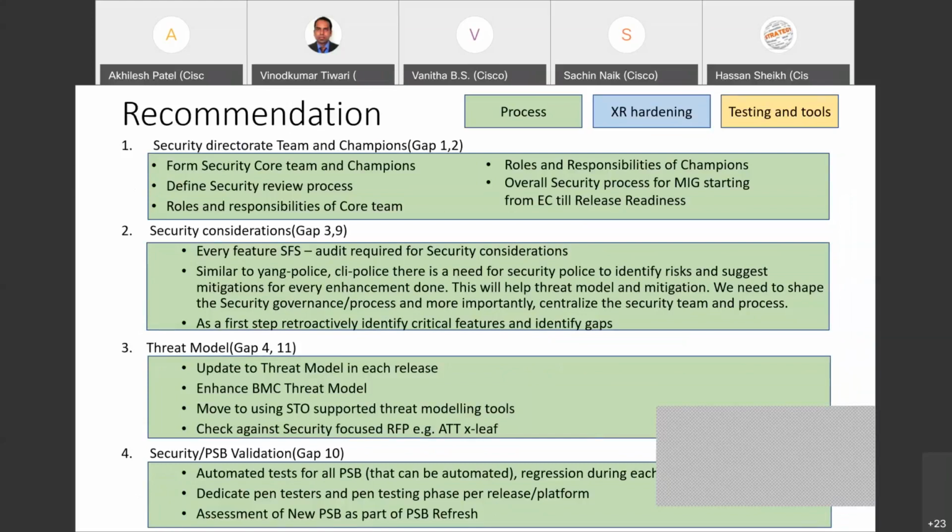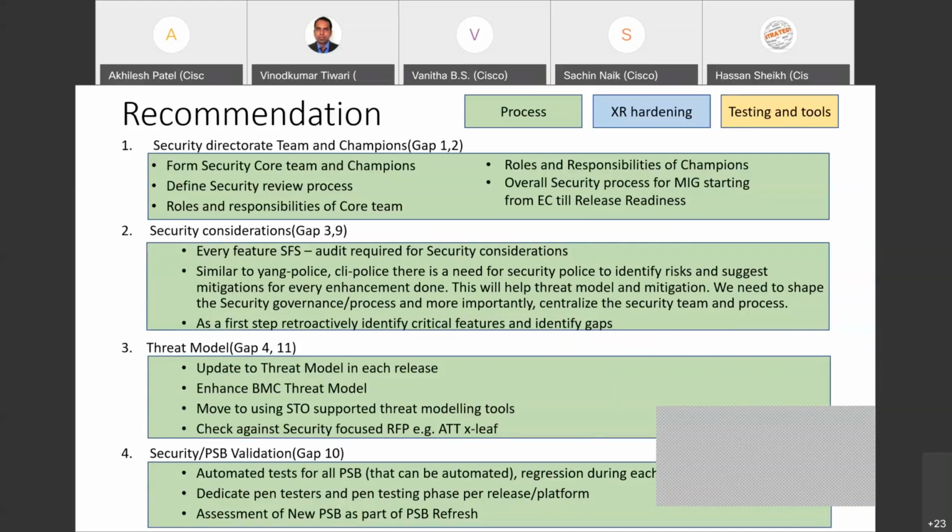So the first and foremost recommendation, which I'm going to cover in detail in the coming slides, is the Security Review Directorate team and champions. And other than that, we also had other testing considerations, threat model consideration, and what security and PSP validation is required.